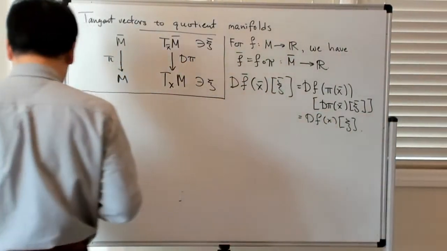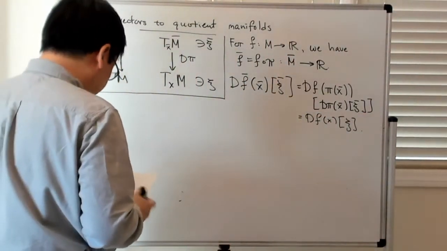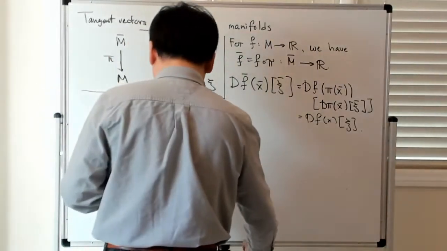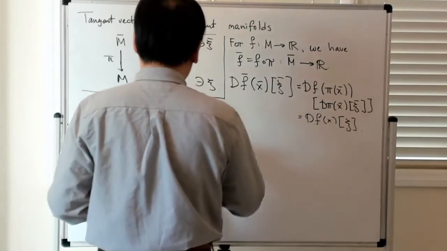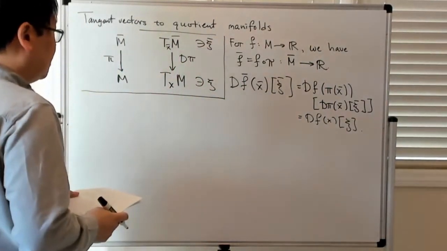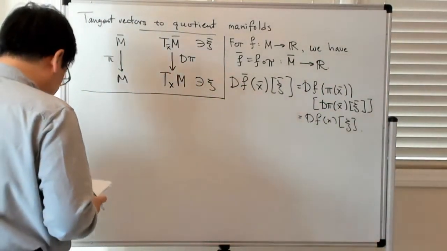Okay. So the only problem, if you will, is that there's no uniqueness in the choice of representatives, right?